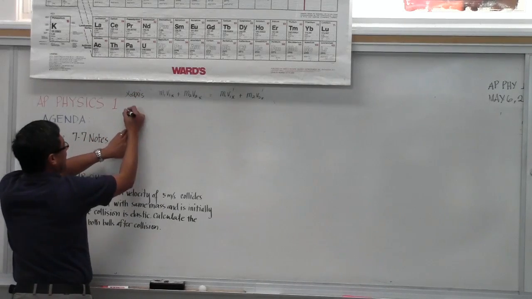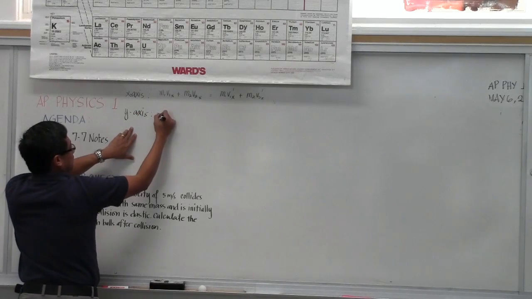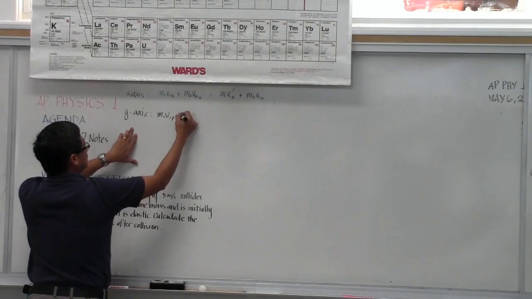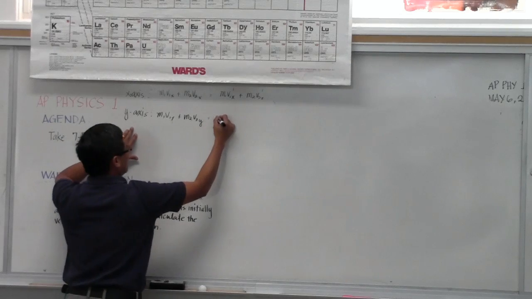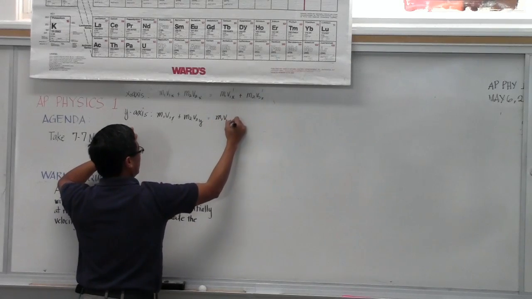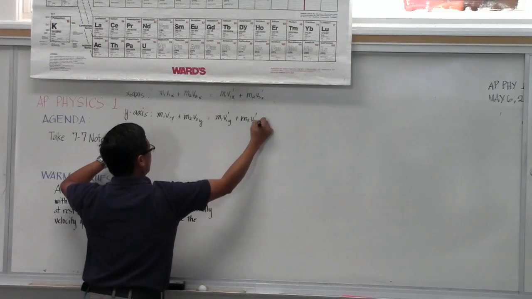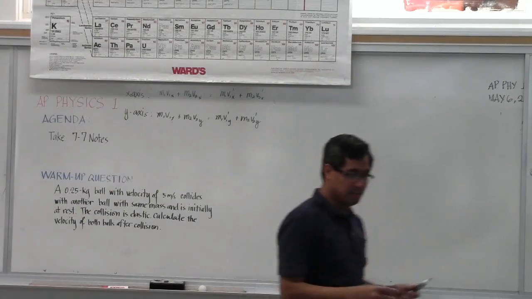For the y-axis, it's just going to be the same: M1 V1 y plus M2 V2 y should be equal to M1 V1 prime y plus M2 V2 prime y.